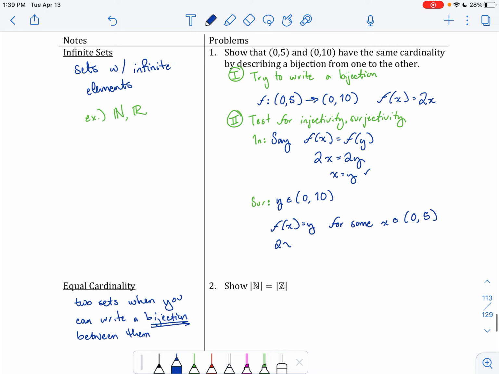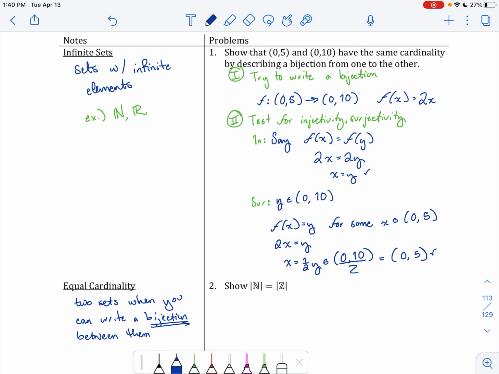Our function is 2x. So then x is equal to 1/2 y, which would absolutely be in the interval 0 to 10, all divided by 2, which is 0 to 5.